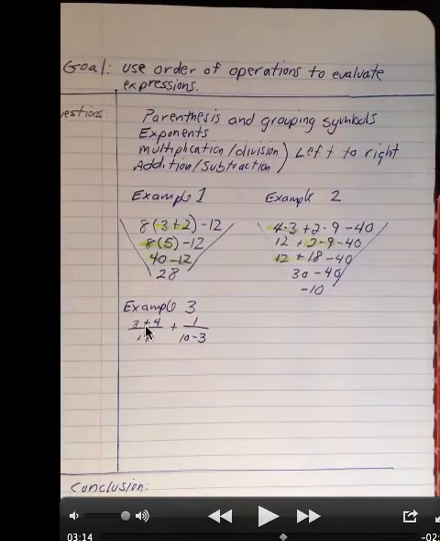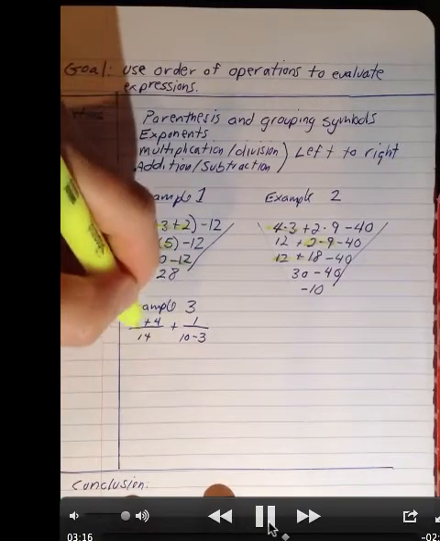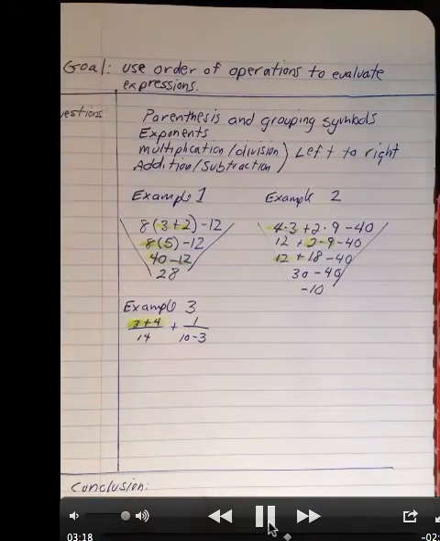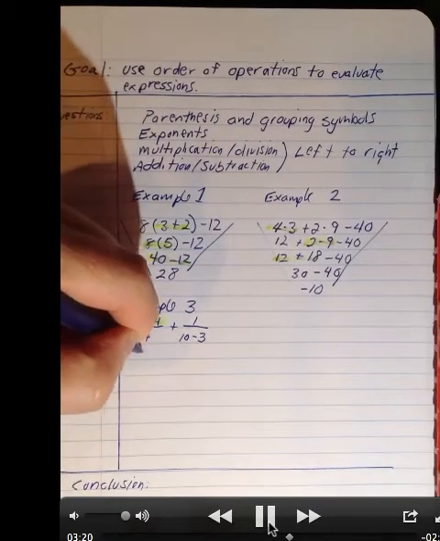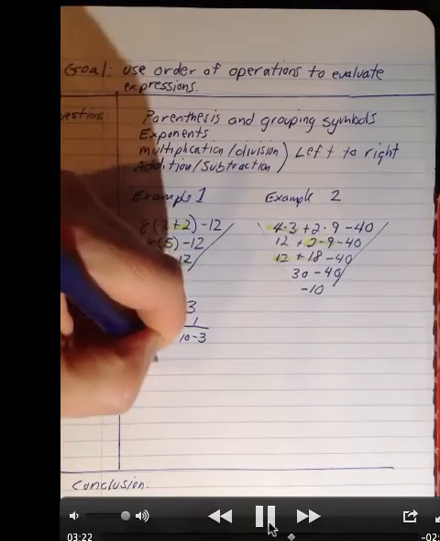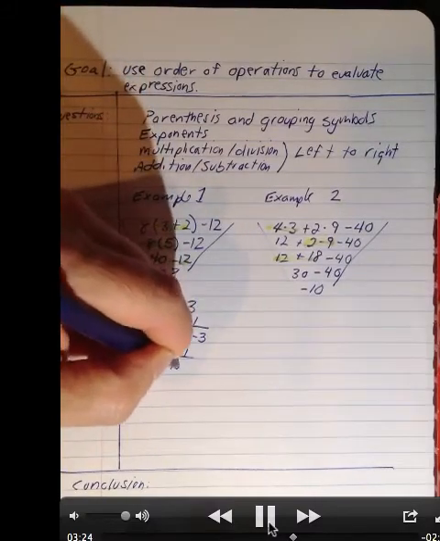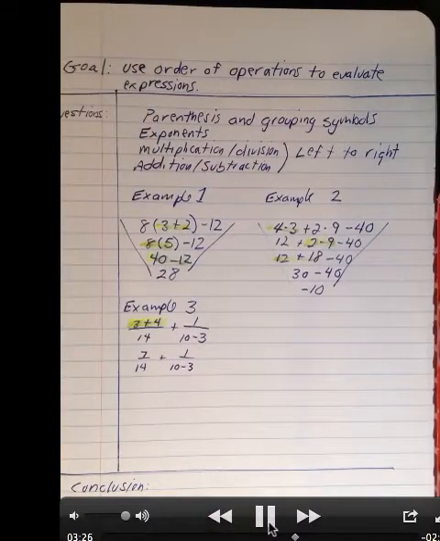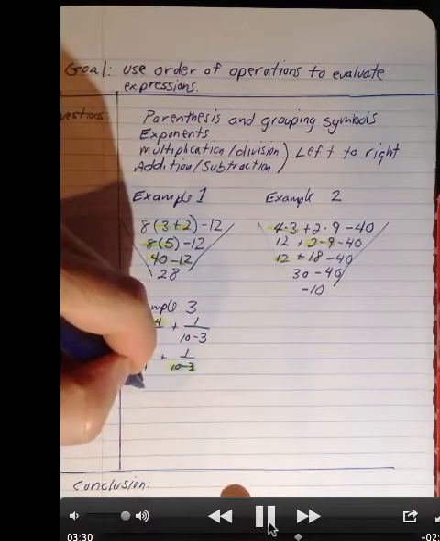So these are division, but they're also considered grouping symbols because there is a plus right there and because there is a minus right there. So that's what we're going to highlight first. So we'll do the grouping symbol on the left side, we'll do the grouping symbol on the right side.